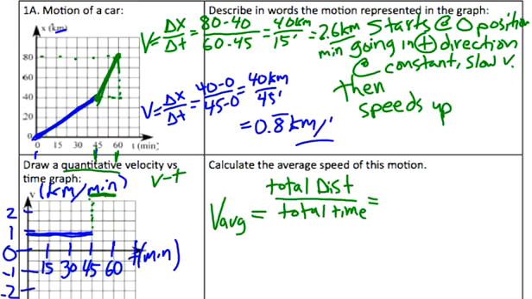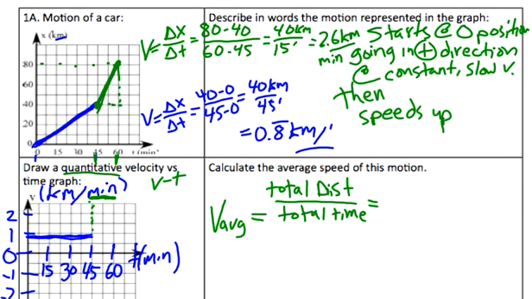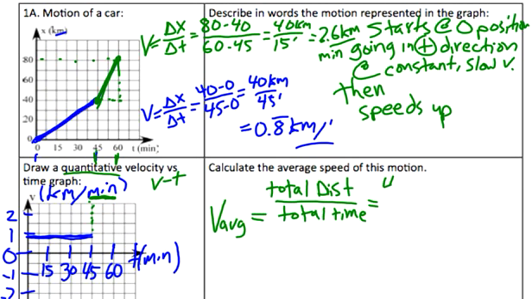So how far did I go the first segment? Well, I started at 0 and I ended at 40, so that means I went 40 kilometers. For the second segment, I started at 40 and went to 80, so I went another 40 kilometers. And how much time did it take me? Well, it took me 45 minutes for the first segment, and then 15 minutes for the second segment.